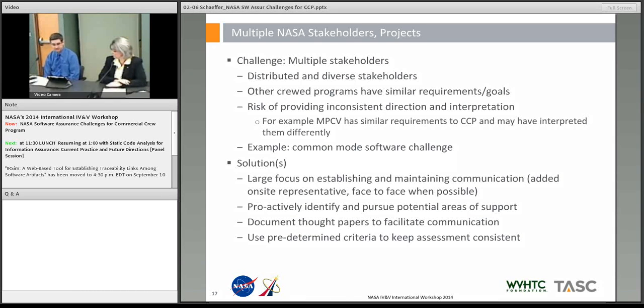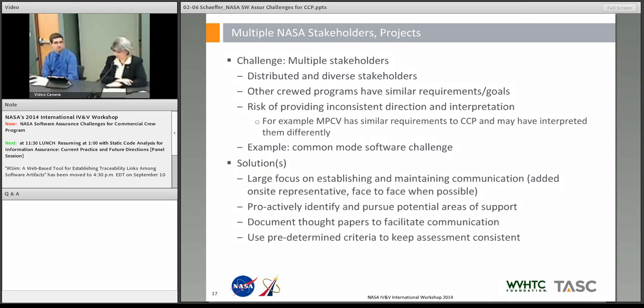I've got an example here, common mode software. There were different perspectives on whether the failure tolerance requirement applied to software. There were some who didn't believe that software should have to adhere to a two failure tolerant requirement. That means I have to install three different pieces of software developed independently.